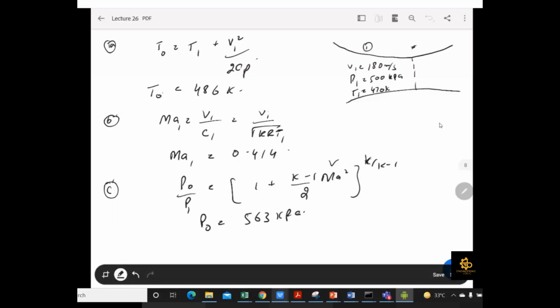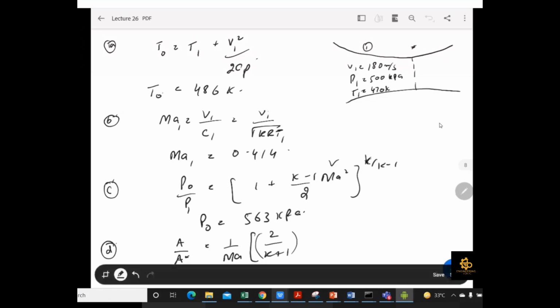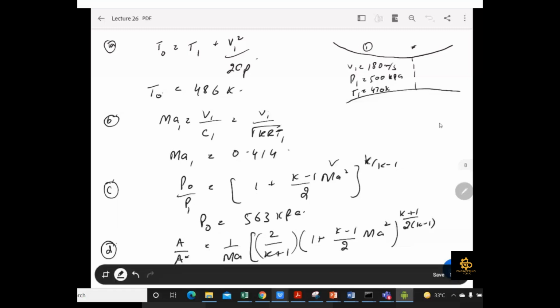Coming towards part D, we have to find the throat area, A star. We can easily find it from the relation we already know: area by area star equals 1 over Mach times [(2 over K plus 1) times (1 plus (K minus 1) by 2 Mach square)] to the power (K plus 1) divided by 2(K minus 1). We already developed this equation in the last lecture.